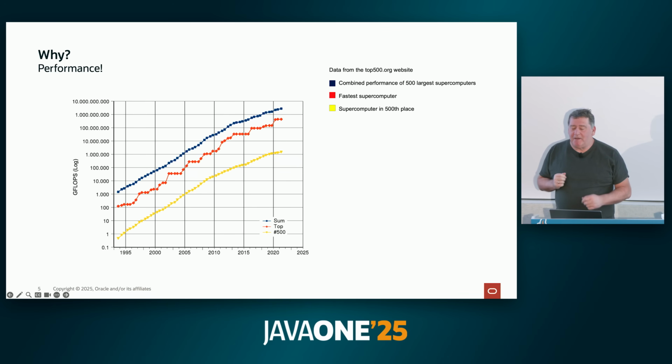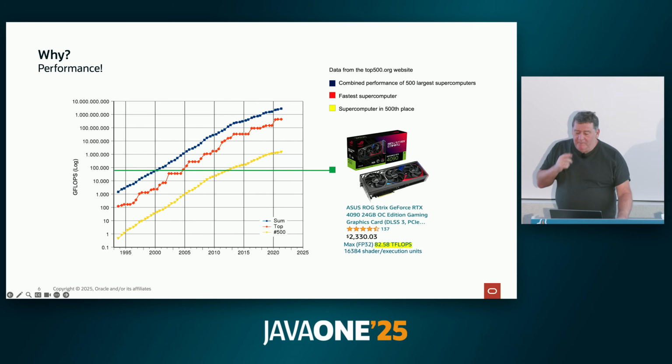If you went to Fry's, you could actually buy a nice GPU that, if you could teleport back to the appropriate year, you can see intersects with these charts. So for a few years back in the early 2000s, that one GPU would be in the top 500 supercomputer list for that year.